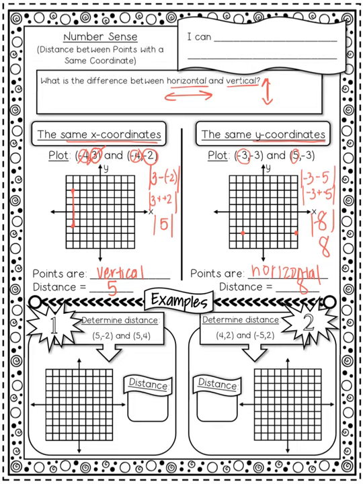They will both work. Let's try just 2 more examples. In this first example, I've got over 5, down 2, and then over 5, up 4, and I'm going to find that distance. I know that they are vertical of each other, and that means I'm going to look at their y values to see where their difference is.